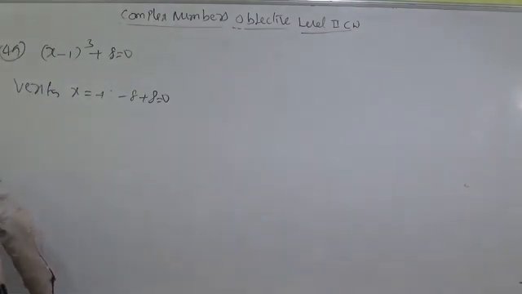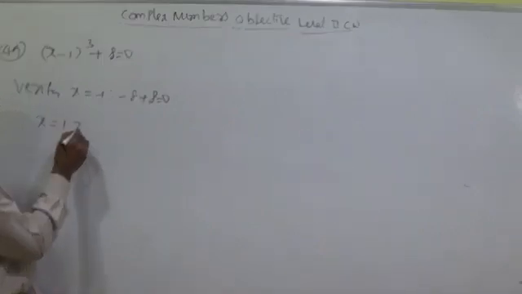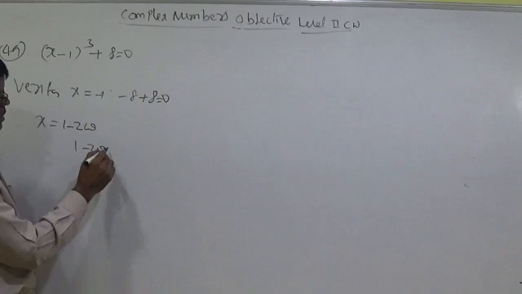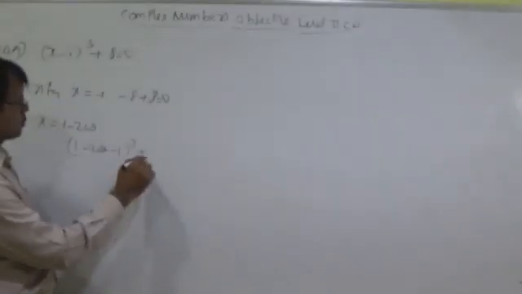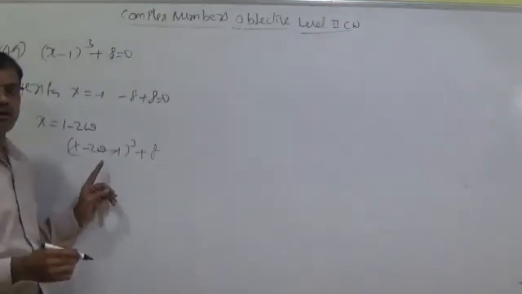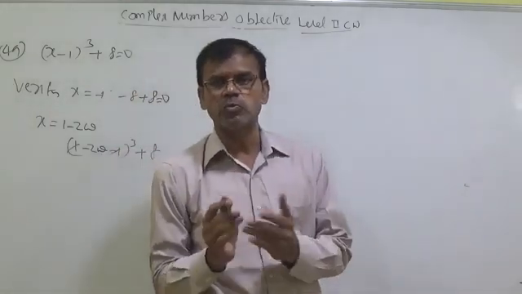Now x is equal to 1 minus 2 omega. Then 1 minus 2 omega minus 1 whole cube plus 8. The 1 gets cancelled. Minus 2 omega whole cube becomes minus 2 cube into omega cube plus 8.